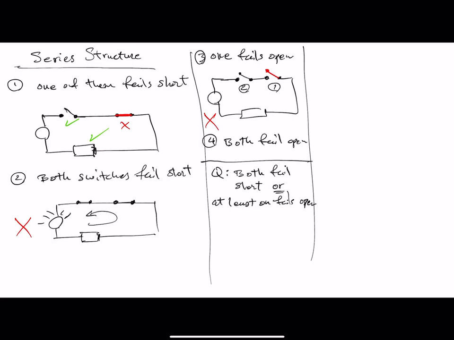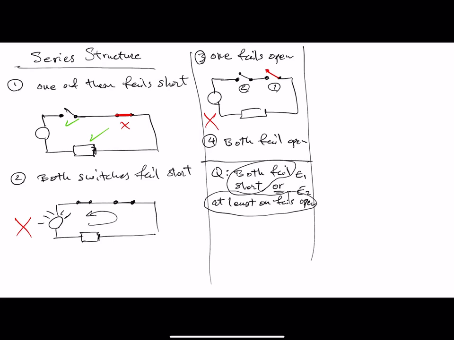So in a series structure with 3-state components, that is when the entire system fails. I can consider this one event, call it E1, and this another event, call it E2.